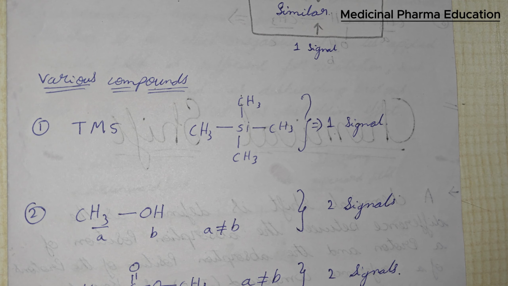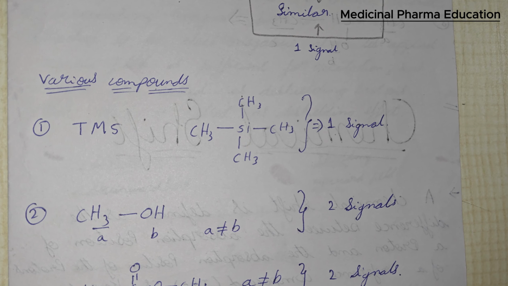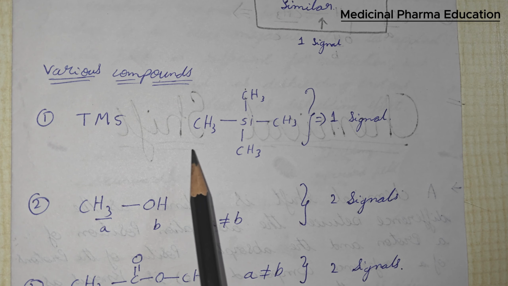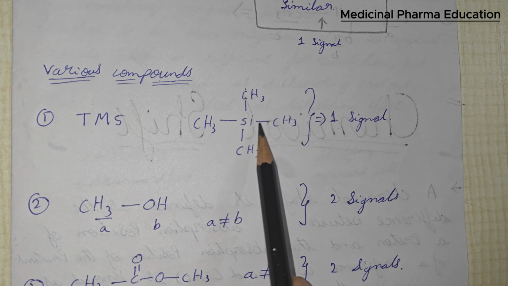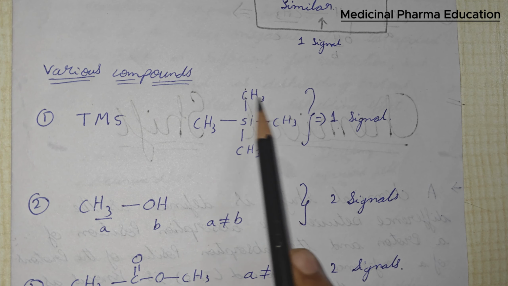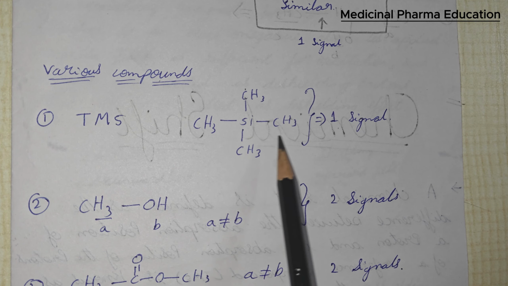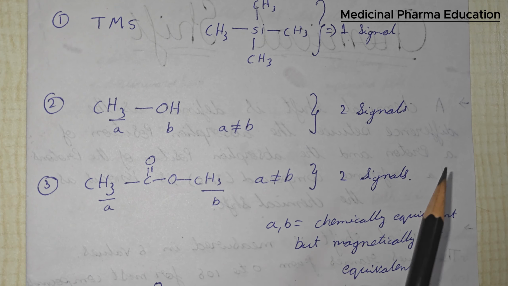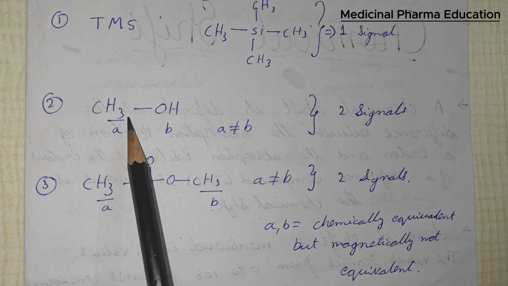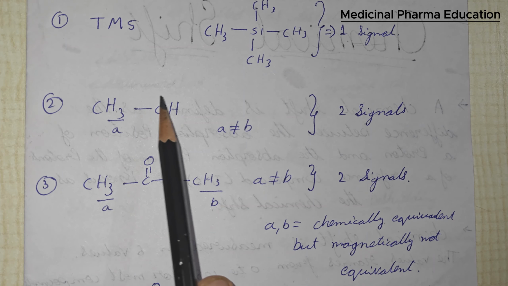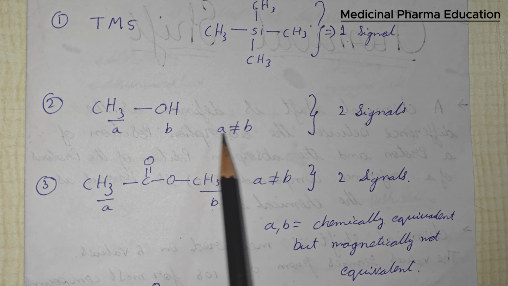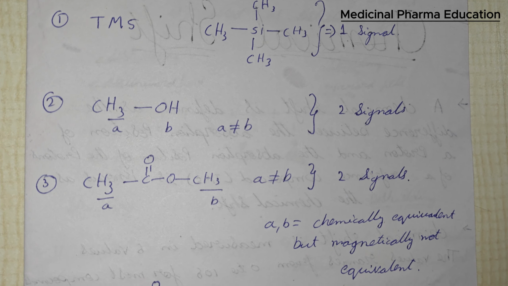Now we'll go with some different compounds. TMS. See, Si, these all contain similar environment, neighboring atoms and neighboring hydrogens, so one signal. See here, tell me, here 2 signals because these protons are different from these protons, so A is not equal to B, so that's 2 signals.